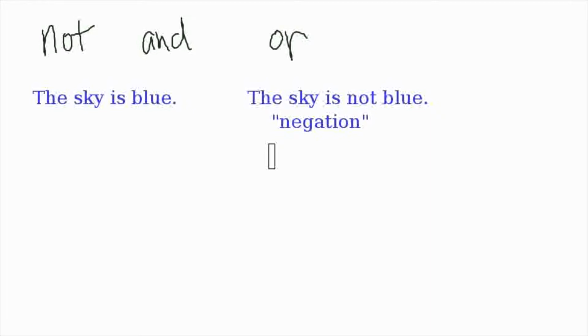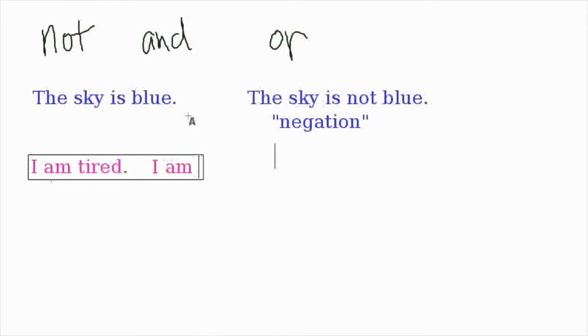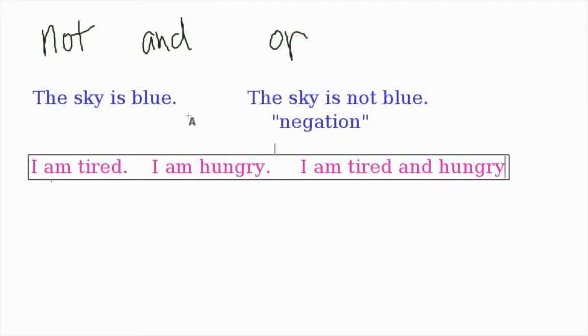All right, now let me discuss the and. Okay, so what if we did something like this? What if we said, I don't know, how about, I am tired, and then what if we had, I am hungry, and then what if we had a third one, I am tired and hungry.